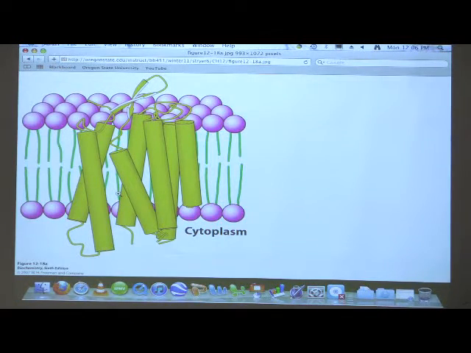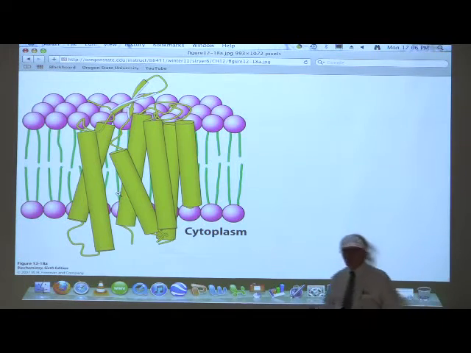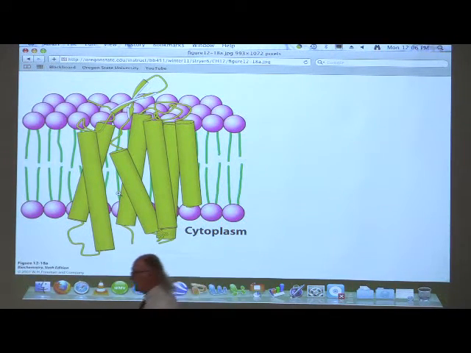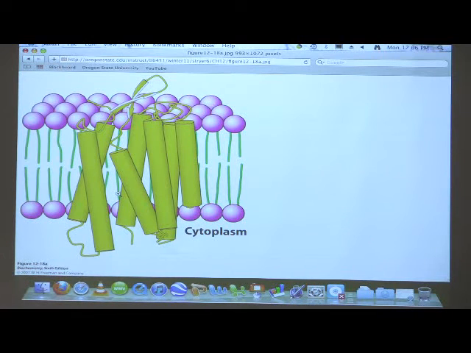Here is an example of what I think is one of the more interesting membrane proteins. It's a protein called Bacterial Rhodopsin. Now I'm going to tell you several things about this protein. I'm going to tell you a little bit today, and then after I talk about mitochondria, I'm going to talk about a very interesting thing that you could do with this protein relative to mitochondria.